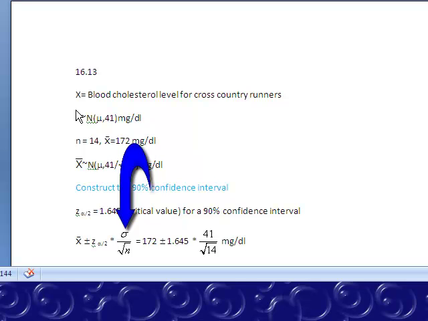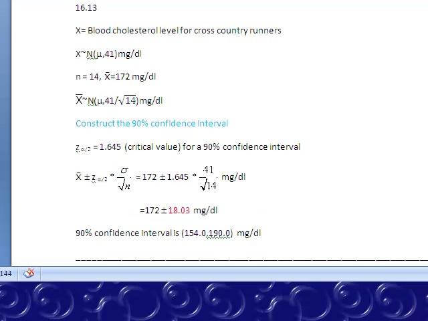And so in our case, for this 90% confidence interval, we have 172, because that was our sample mean, plus or minus the critical value, which is 1.645, times that standard error, 41 divided by the square root of 14. When we work it out, we get 172 plus or minus 18.03 milligrams per deciliter.